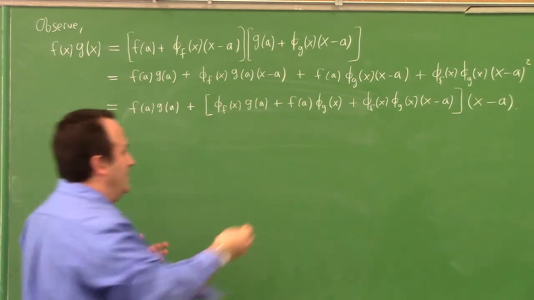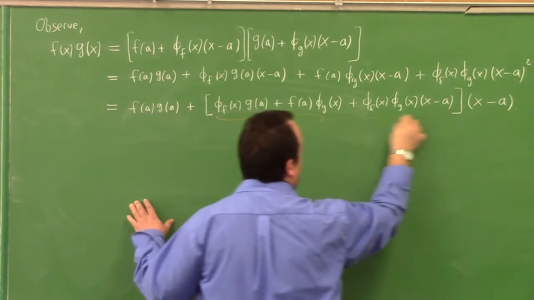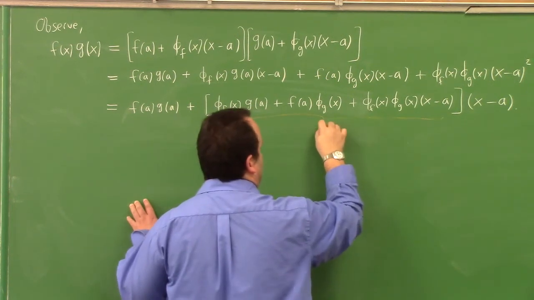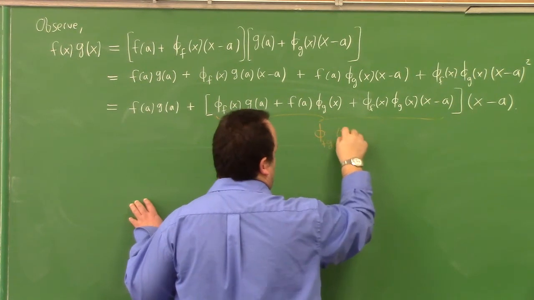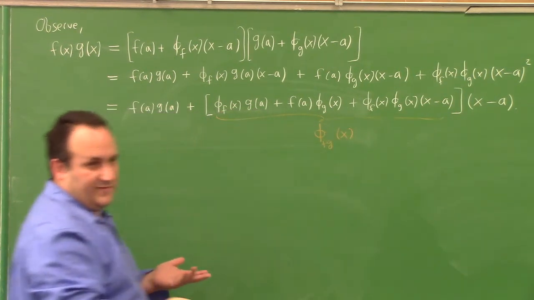Let me give this thing a name. Let me just suggest that that's phi of x. I mean, if you want me to, I could say that's phi of fg of x. It's the phi function for the product of f and g.